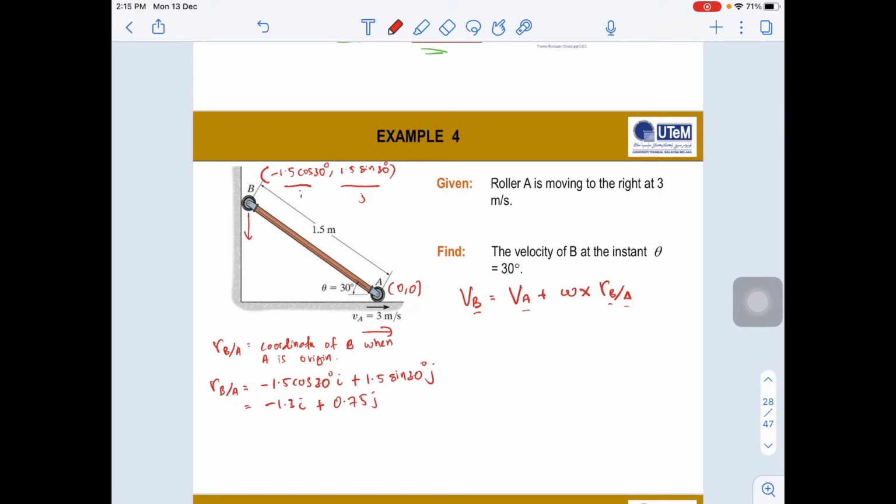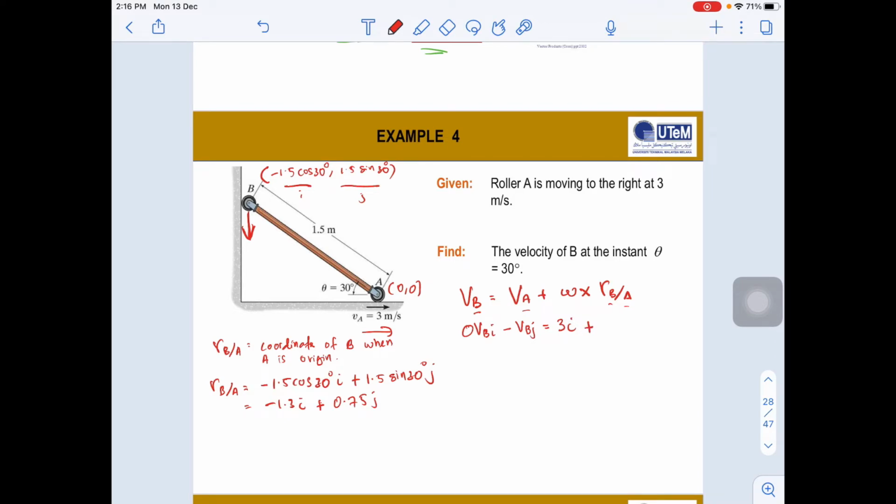Now include this in the original equation. VB can only move down, so you have 0 VBI minus VBJ because it moves down. VA is to the right, so you have 3I, and there is nothing in J, so 0.